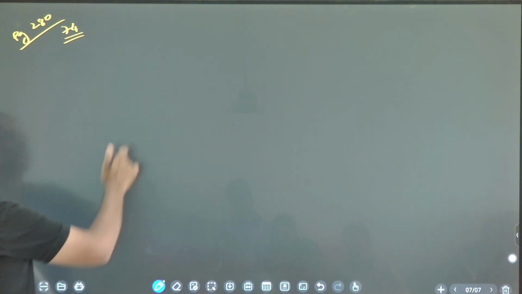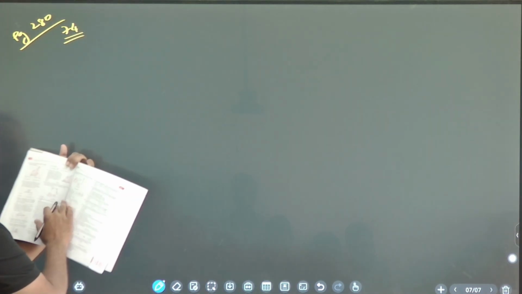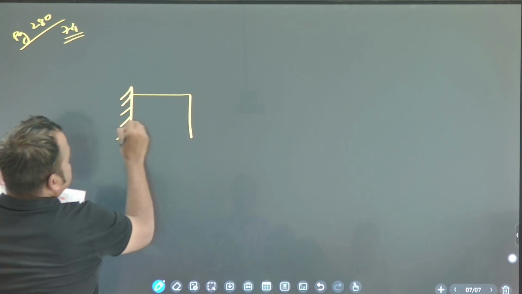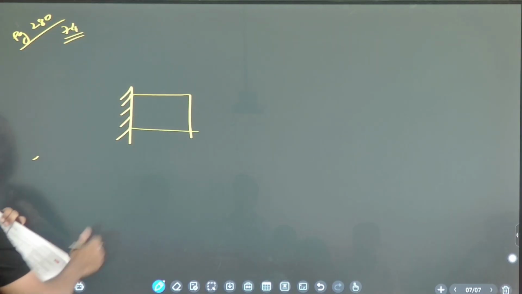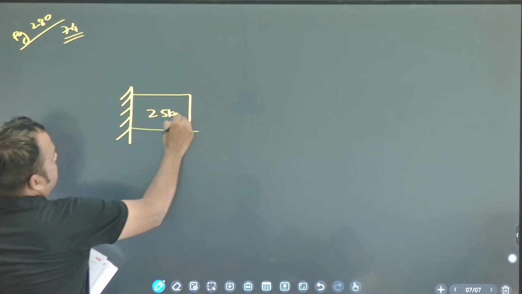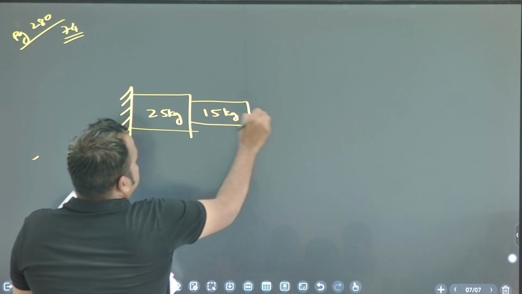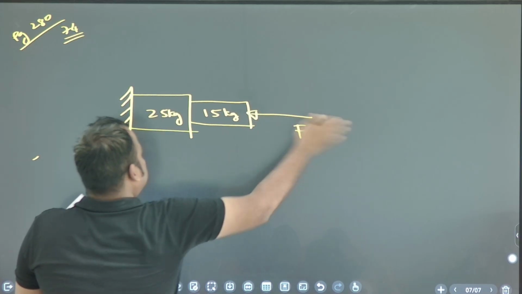Okay, try this question. Ah, 74. So it is looking very big question, but try to solve it. So how many blocks are there? This is the wall. This is the block. Two blocks. Correct. Good. So 25 kg and 15 kg. You are exerting force like this.